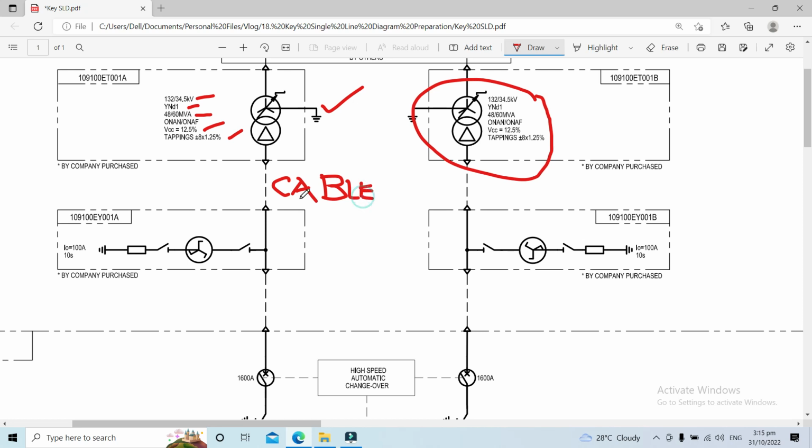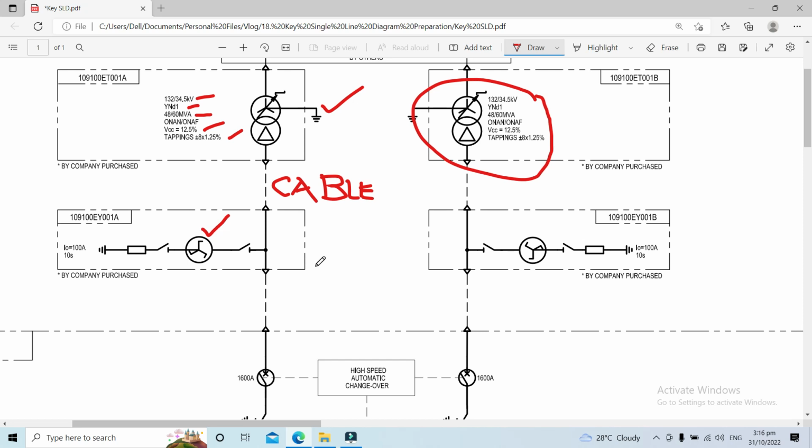Okay, both these are cable connections. Since our secondary side line is delta connected, that's why we provided this zigzag transformer from here. Why do we have the zigzag transformer here?